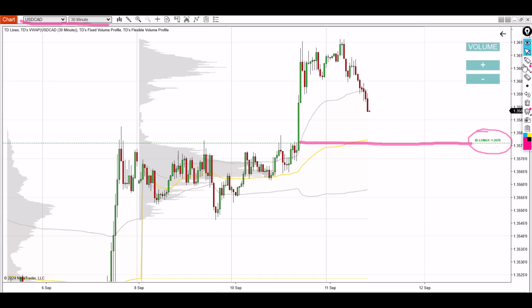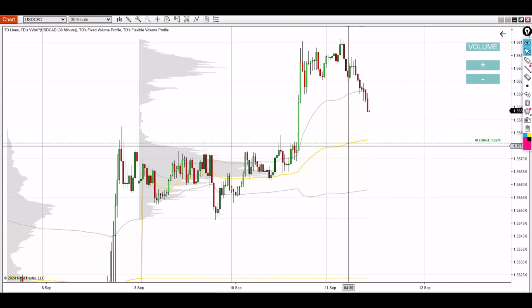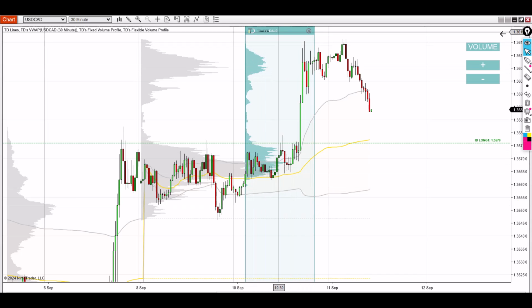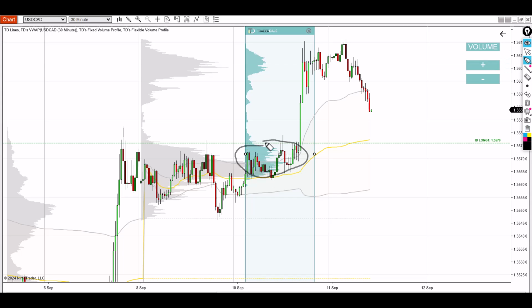The most important thing I would say is volume profile, because if I use the volume profile like this, it shows that there was a strong heavy volume zone, and that strong heavy volume zone got followed by very strong and aggressive buying activity. This is one of my volume profile setups.